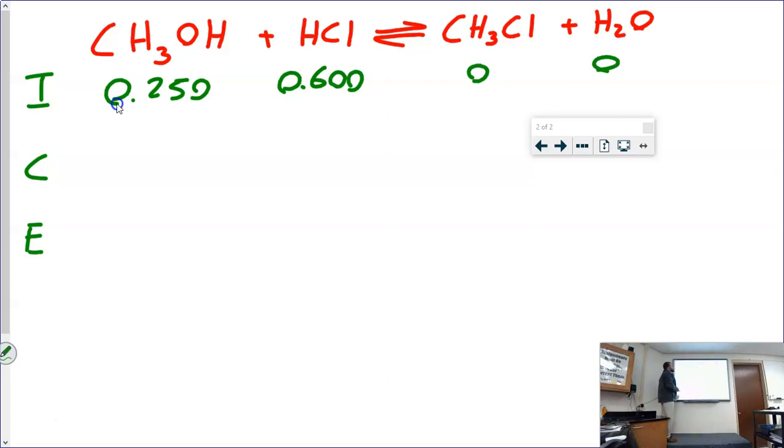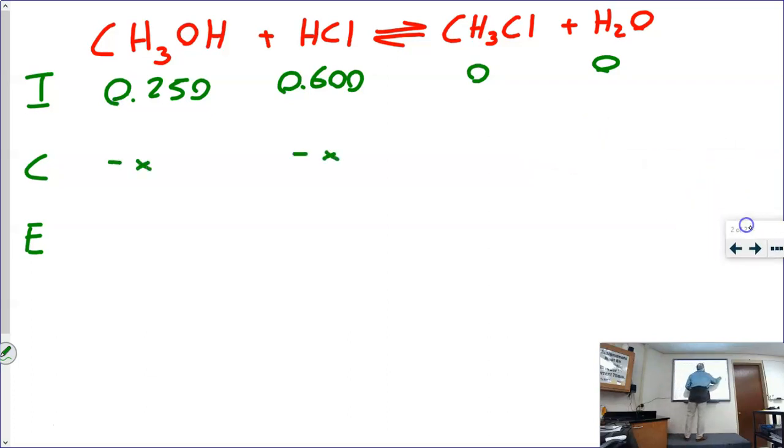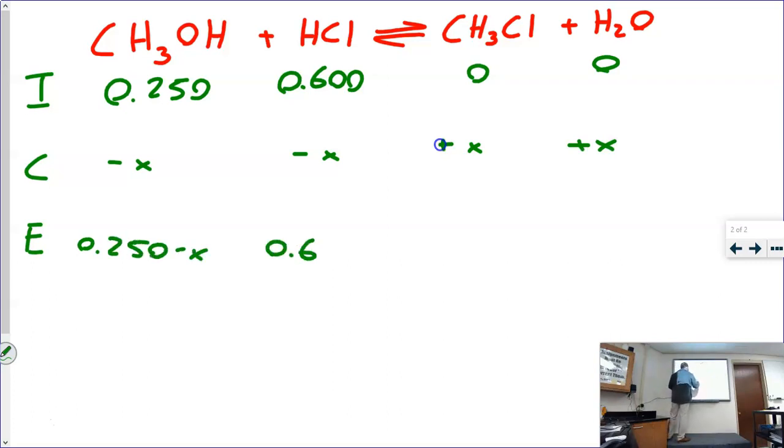Okay? Now, since we have no product, this isn't a Q versus K question. We must have to go to the right. And at equilibrium, we're going to get 0.25 minus x, 0.6 minus x, and we're going to get x and x.